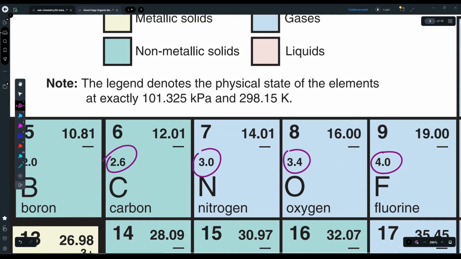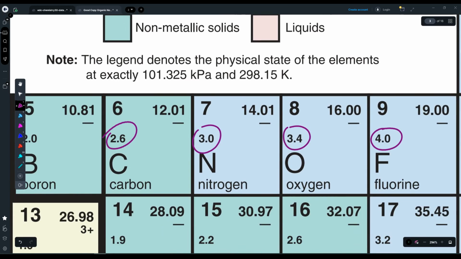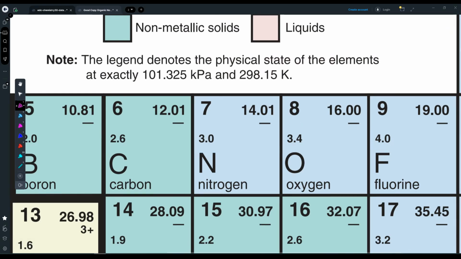As we can see, fluorine is more electronegative than carbon, which means fluorine has a greater ability to draw electrons in bonds towards the fluorine atom compared to carbon. Based off of the electronegativity scale that this periodic table uses, 4 is your maximum number.